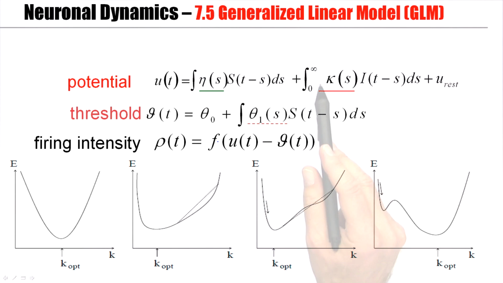Now for the quadratic optimization problem, we always know that there's just a single minimum. If we have some arbitrary nonlinearities, in general we could arrive at situations where we have multiple minima. And if you just locally look for a minimum, you might get stuck in this local minimum, which is not the best one.